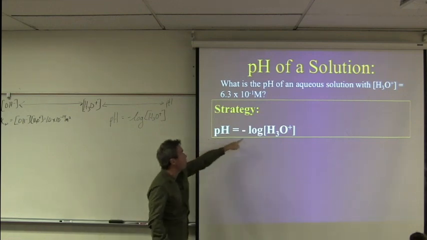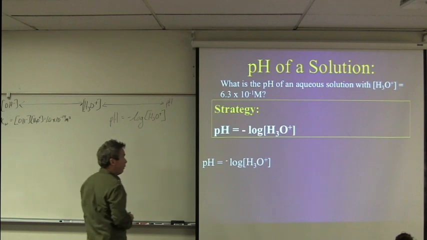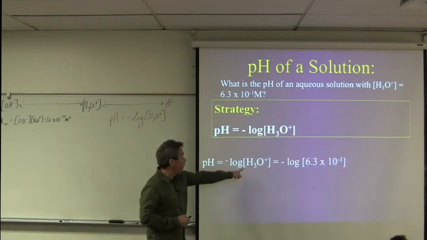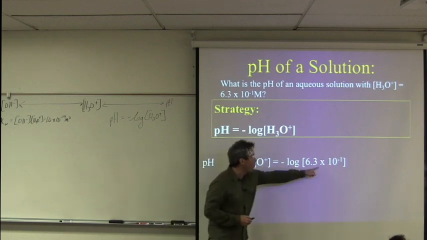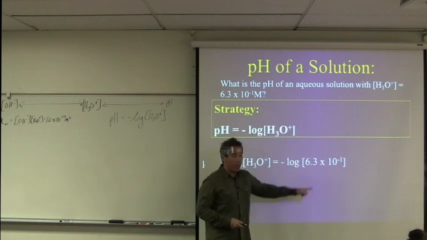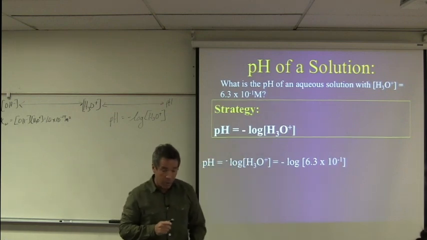Here's our definition of pH. So let's start with the definition. Now, we're given the hydronium ion concentration, so we'll put it in there: negative log of the hydronium ion concentration. Now I take the logarithm in my calculator, just like you took the logarithm of 3.4.